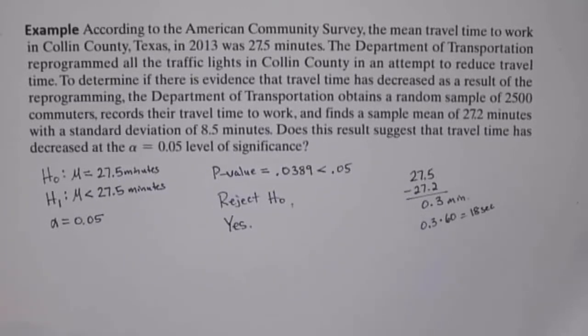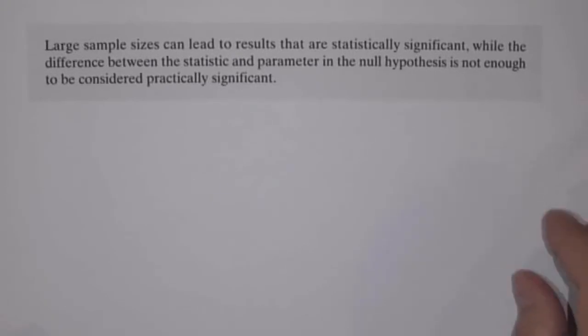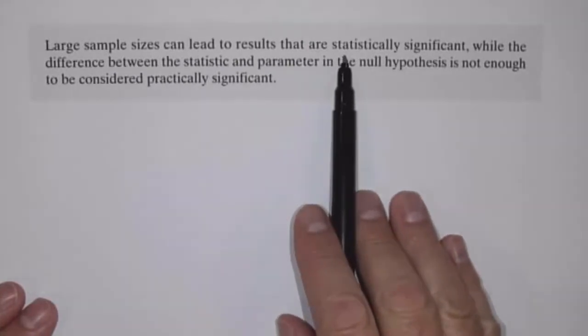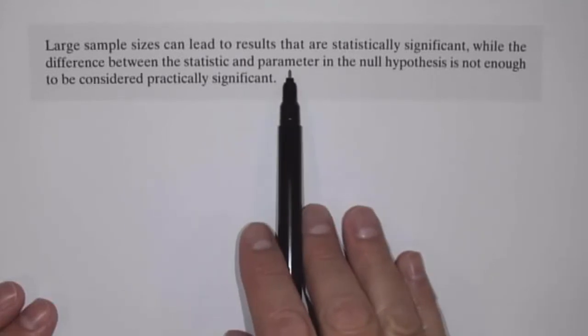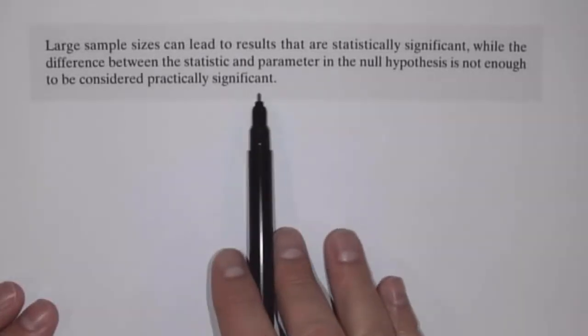One last thought on this idea. Notice that we had a really large sample size. We had a sample size of 2,500 in that example. Well, large sample sizes can lead to results that are statistically significant, while the difference between the statistic and parameter in the null hypothesis is not enough to be considered practically significant.